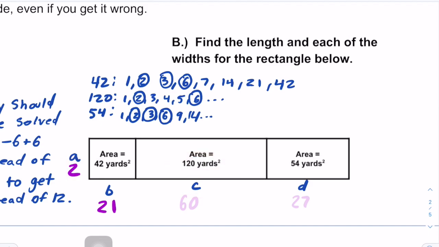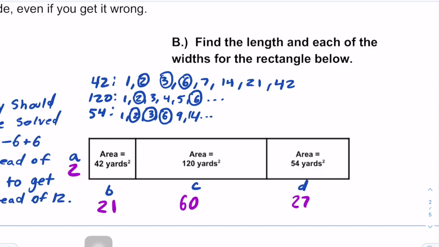In this case, it is 2 times 60 equals 120. Just like we did for the last two, for side length D, I'm going to have A times D equals 54. I know A is 2, so 2 times something will give me 54. And in this case, it would be 2 times 27, which gives you a product of 54.